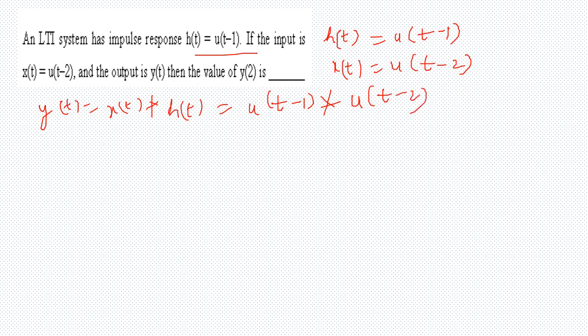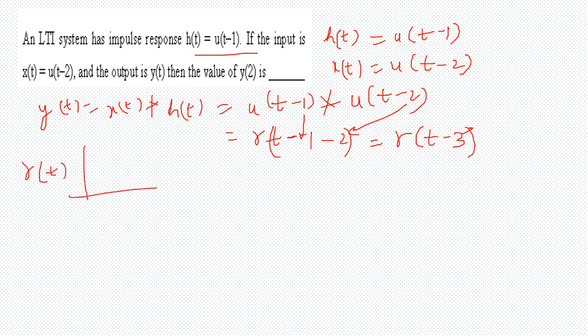How can we write it? This is r of t minus c, where the minus 1 will come here and the minus 2 will come here. So it is r of t minus 3. Now you know that r of t was this function, starting from 0.